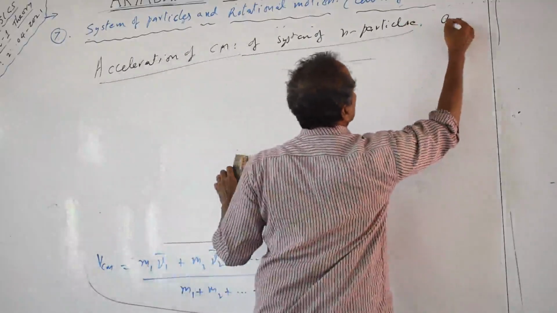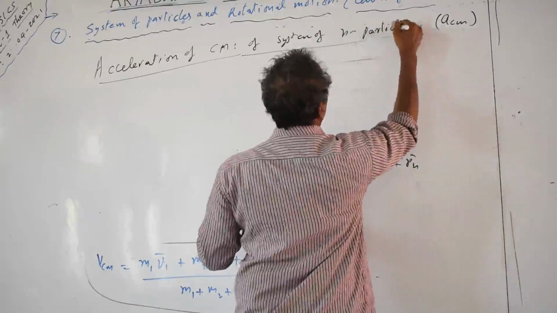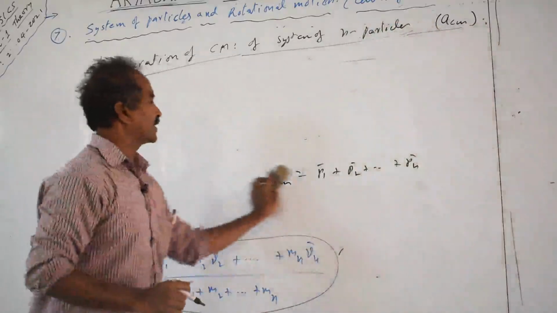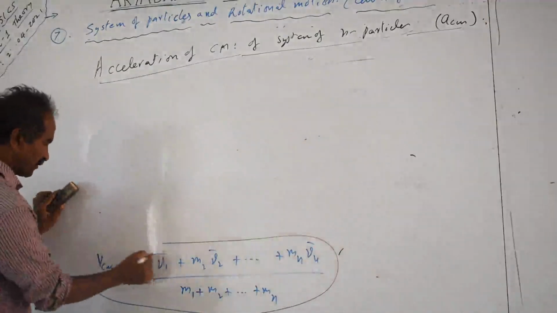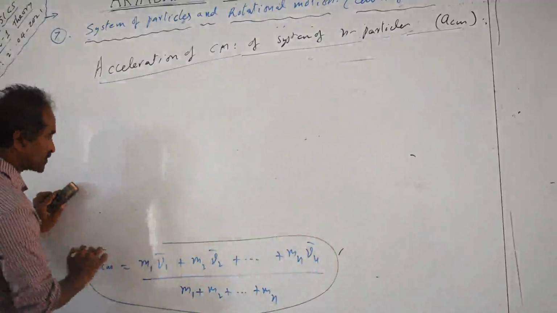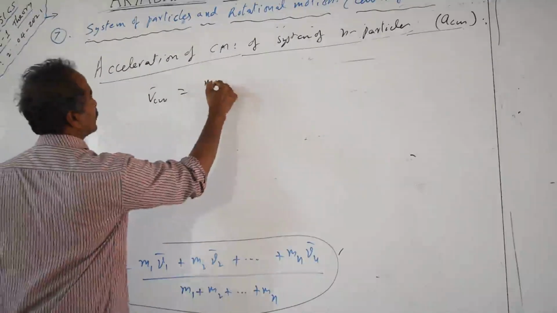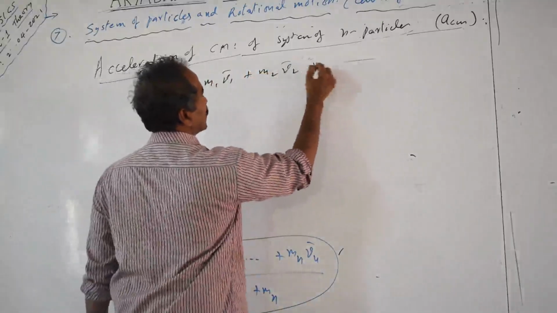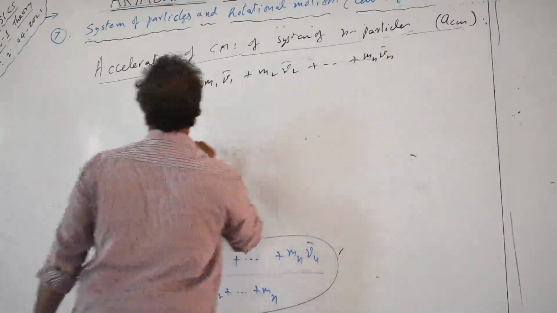That is acm we can take. Acceleration is nothing but dv by dt. In vector form, if I am writing the bar on the right side, on the left side also we have to take the bar. Velocity of center of mass is m1 v1 plus m2 v2 plus and so on plus mn vn, divided by M.